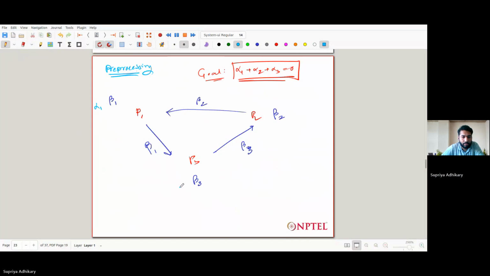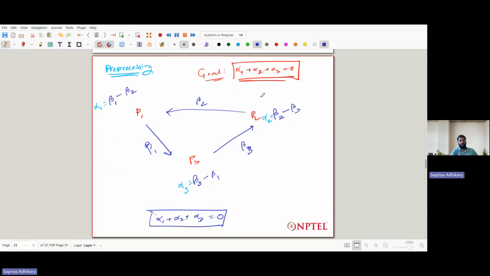And now they can compute alpha 1, alpha 2, alpha 3 in this way. And as you can see, the sum of alpha 1, alpha 2, alpha 3 is 0. So this is the way they can use pre-processing to share alpha 1, alpha 2, alpha 3 such that the sum is 0.